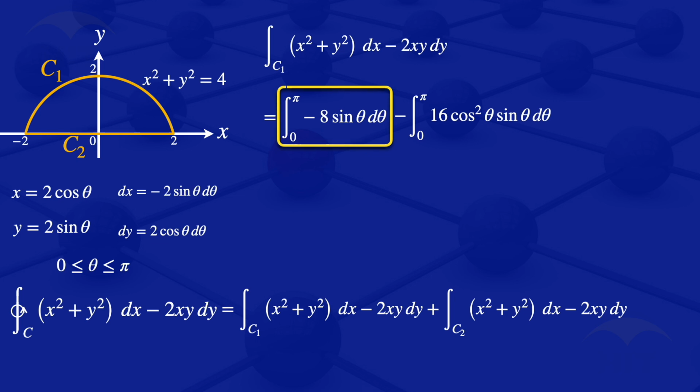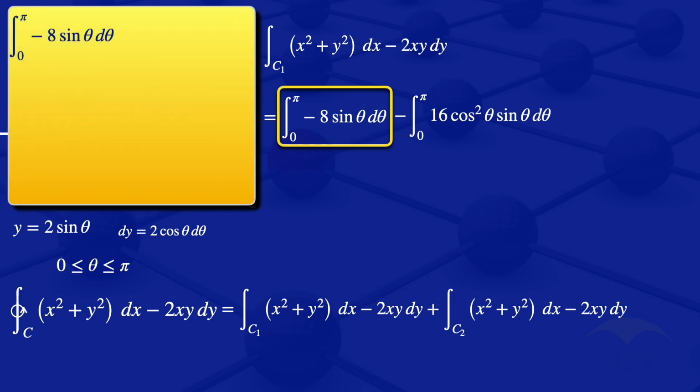Start with the first one there, the integral of minus 8 sine theta with respect to theta from 0 to pi. The integral of sine theta is minus cosine theta. But you can start by factoring out the constant there. We have minus 8 multiplied by the integral from 0 to pi of sine theta d theta.